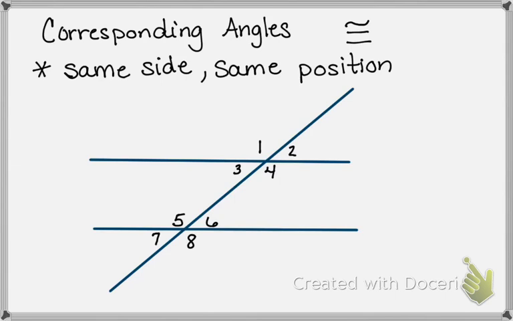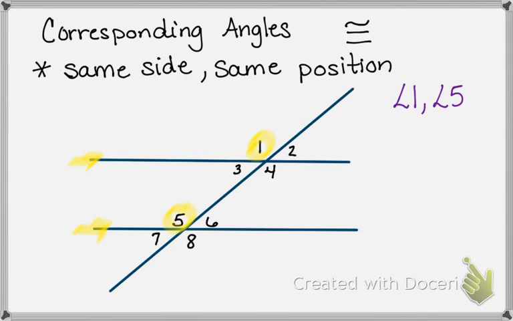If we look at angle 1, we're looking for something on the same side of the line, thinking about our parallel lines, and in the same position. This one would be 5. If I could pick up this bottom parallel line and sit it on top of the other, 5 and 1 would sit on top of each other. So our first thing to know is that angle 1 and angle 5 are an example of corresponding angles.